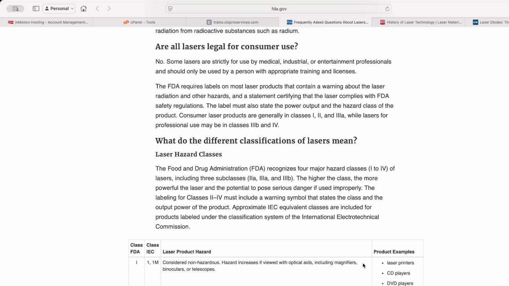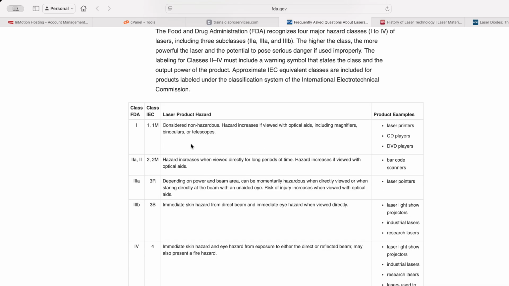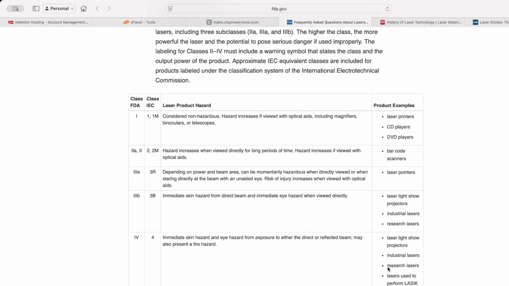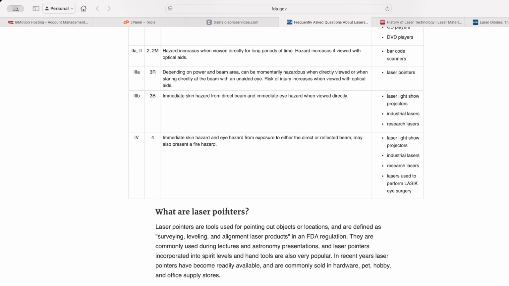And then the FDA also talks about the different classes. Most lasers for engraving are class 1, but they have all these different classes and types of things that they talk about. Class 4, like me, I got LASIK to see far away, so that's a class 4 laser.